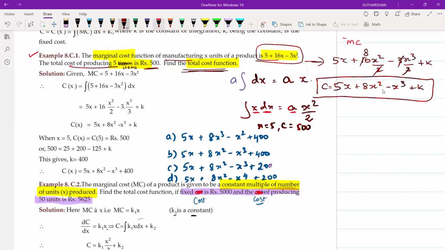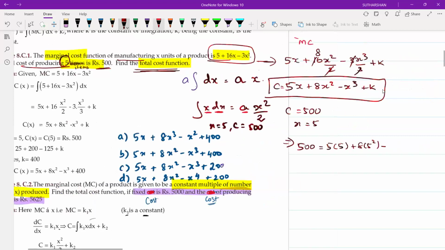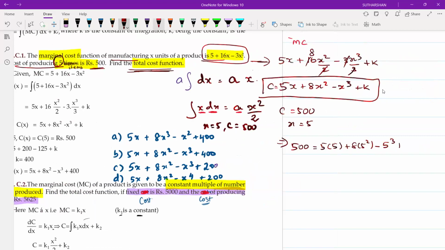Okay, in that, I will substitute. They have given x is equal to 5. So I will substitute C is equal to 500, x is equal to 5 in the function. 500 equals 5 into 5 plus 8 into 5 square minus 5 cube plus k.